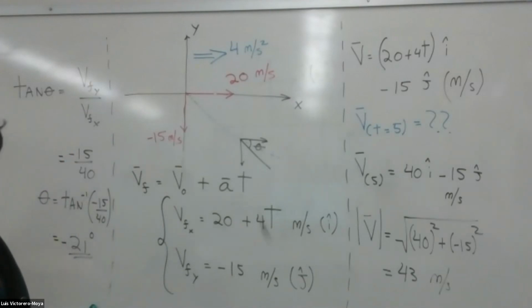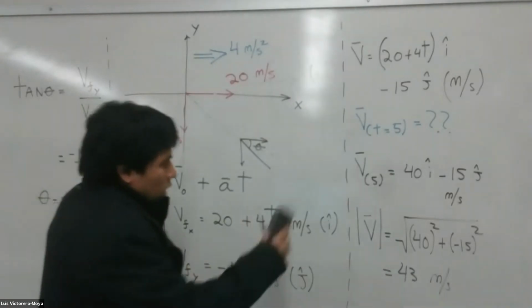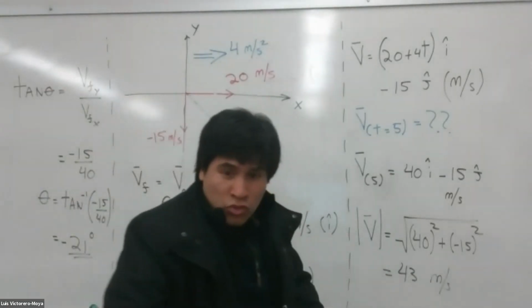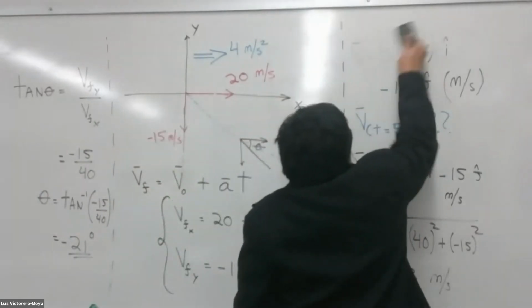Actually, you could integrate. So I want to give you both ways, all right? But remember that you can always use calculus if you're comfortable with it, all right? So I'm going to leave this in here, and let's find the position on x and on y. So we're going to find the r vector, finally.